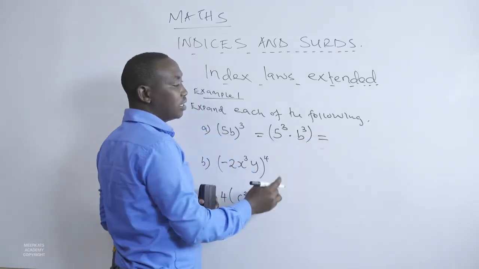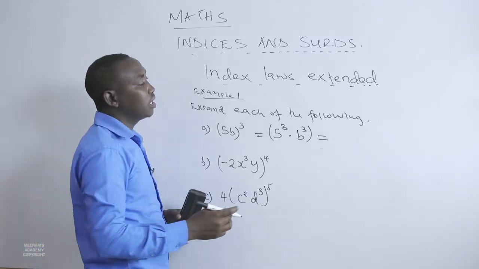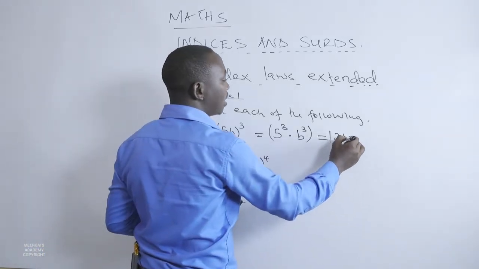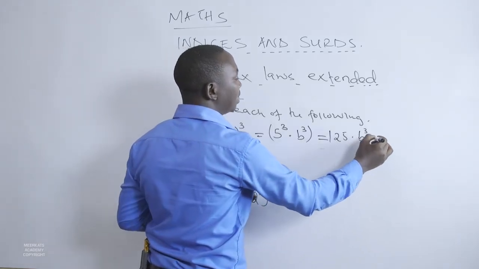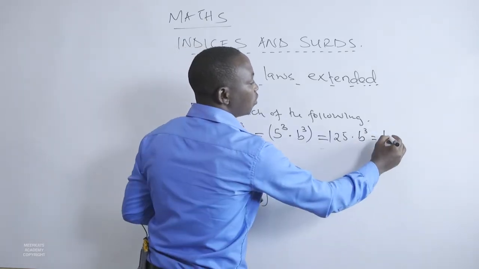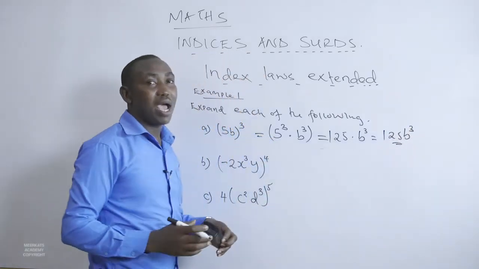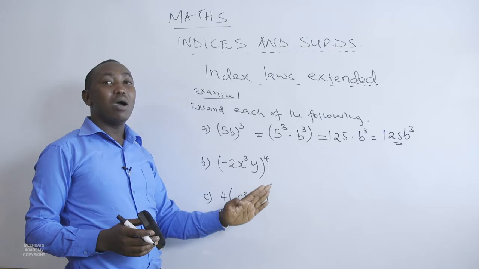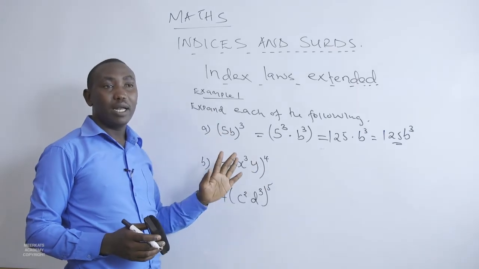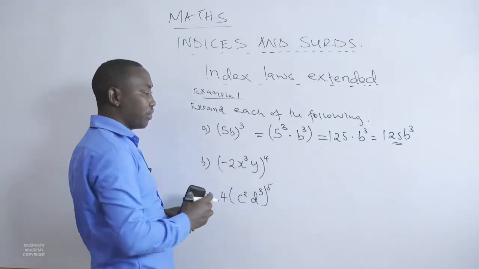Now when you take 5 cubed, or 5 three times, we are going to get 125. We are multiplying it by b cubed, and this results in 125b cubed. So one thing is clear, the power is filtered inside, or it affects everything inside the bracket.